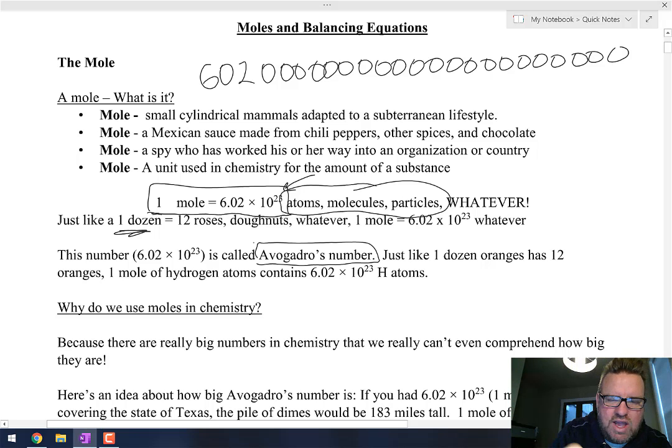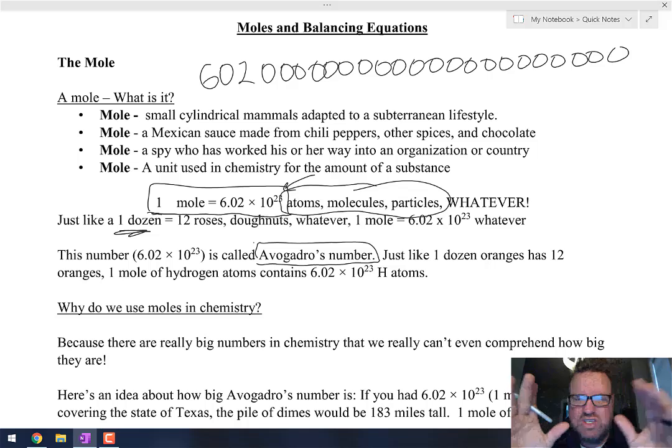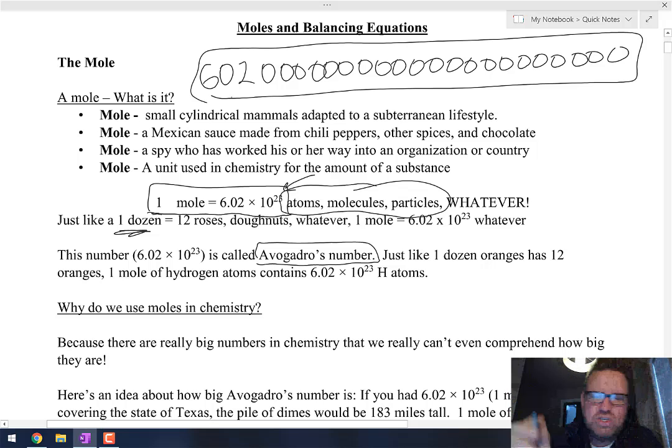There's an old scientist named Amadeus Avogadro that came up with this idea of, hey, let's stop using these huge numbers, and let's use some numbers that are a little bit more understandable. That's kind of the reason behind the term a dozen, because apparently the number 12 is so big that it's too much to say.